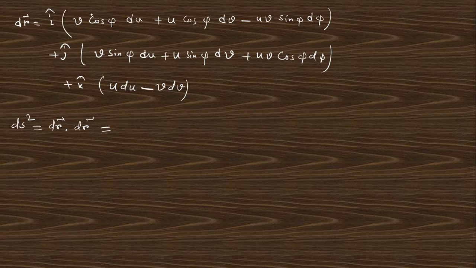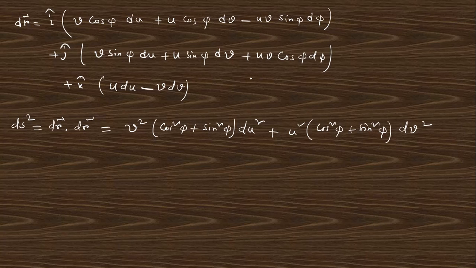So we take the whole square of the i cap term, the j cap term, and the k cap term. After squaring these, you will get v square times cos square phi plus sin square phi, du square, and similarly u square times cos square phi plus sin square phi, dv square, and these terms give you u square v square times sin square plus cos square, d phi square. So already we got these three terms.